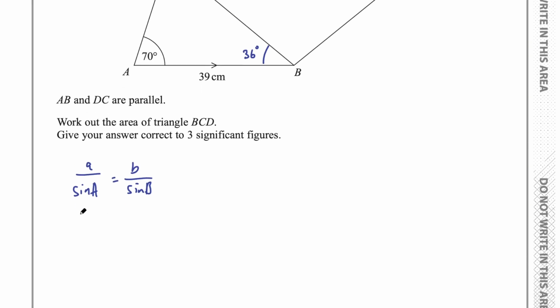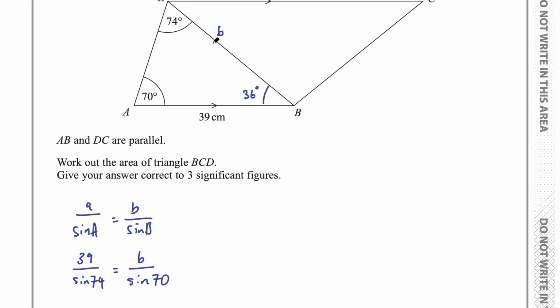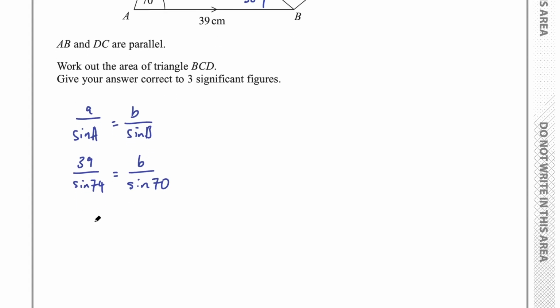So I can say that 39 over the sine of 74 equals b over the sine of 70. What this allows you to do is to solve for that unknown side. So b is going to equal the sine of 70 multiplied by 39 over sine of 74.